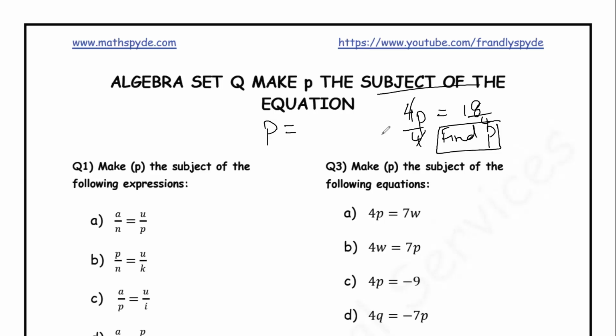So for this example, 4P is equal to 18, you have P is equal to 18 by 4 or 9 by 2, however you want to represent it. So in other words, it's solving for P. All right.